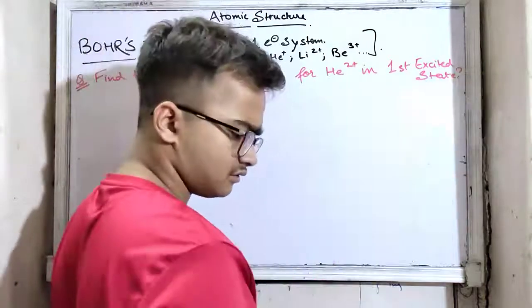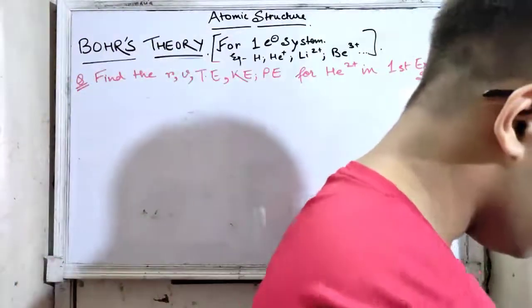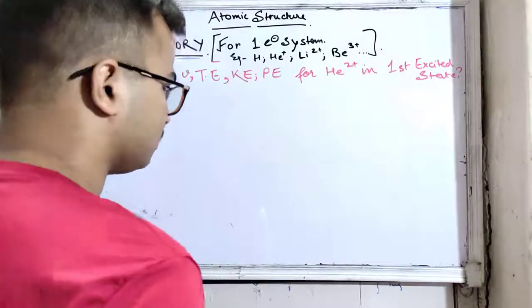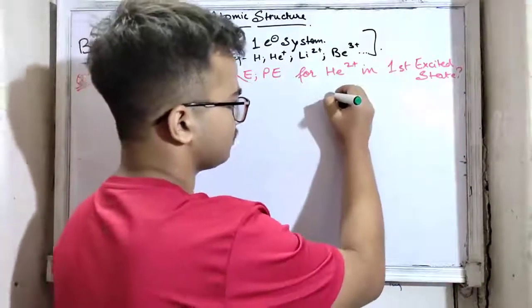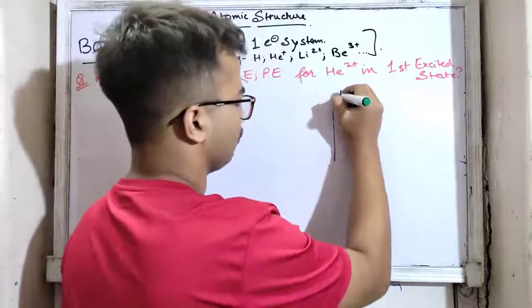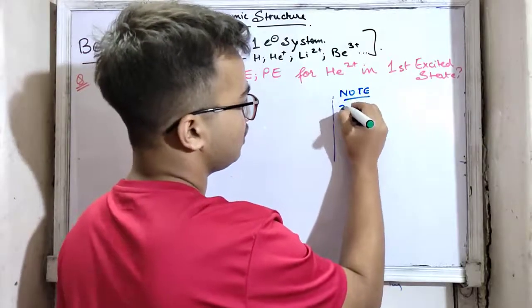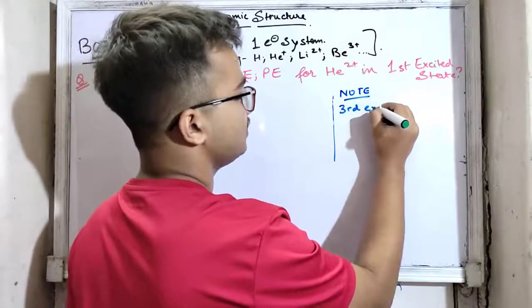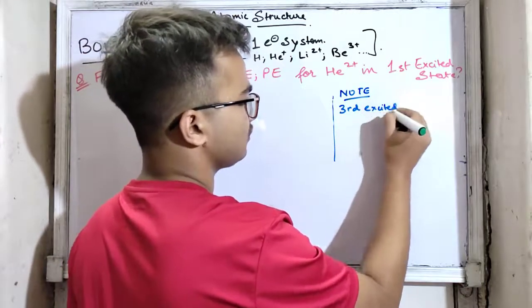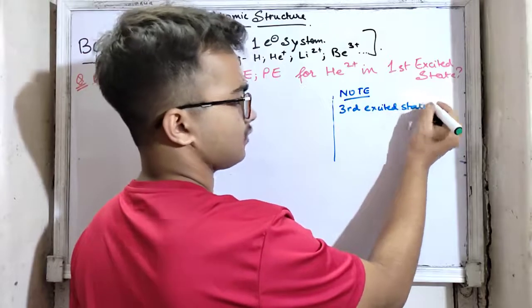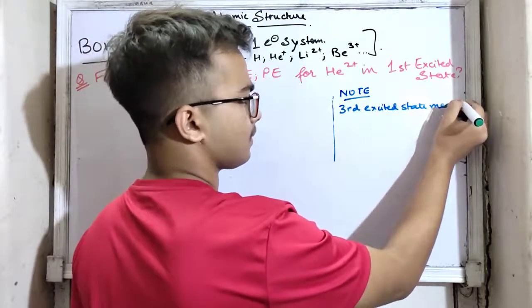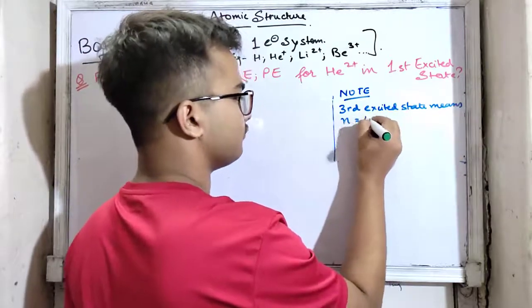Now for doing this, you have to keep a thing in mind. Make a note while doing this. Okay, note. Third excited state means n equal to 4.